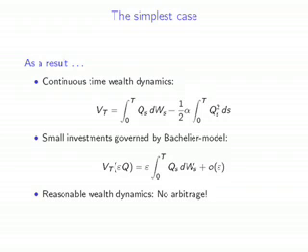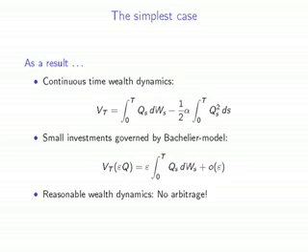A large investor, which is actually a small investor, at least according to our epsilon, behaves like a small investor. And the wealth dynamics we generate here are reasonable in the sense that we don't have arbitrage opportunities. After all, we don't have arbitrage in the linear model, and here things are even worse from the point of view of the investor, so it cannot be that there is arbitrage here either.